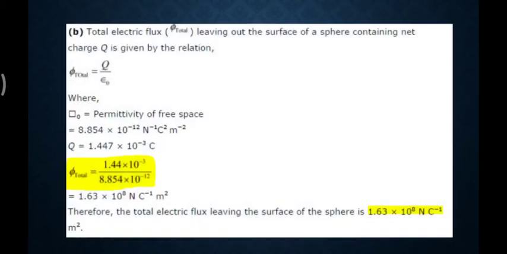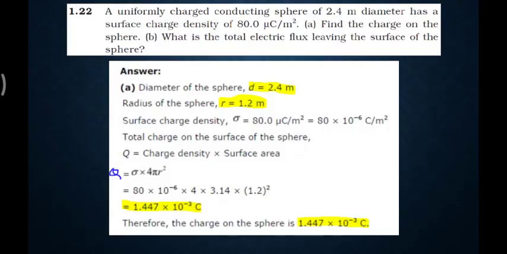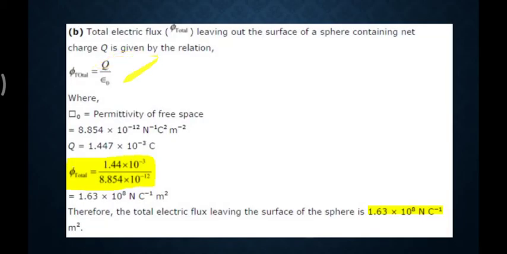This is phi equal to q upon epsilon 0. As I said, epsilon 0 is still there. Q you know, you calculated in the above example. In the first task, q is equal to 1.44 into 10 to the power minus 3, it means millicoulomb. You can use your q here. Epsilon 0 you know, very fundamental constant, 8.854 into 10 to the power minus 12.